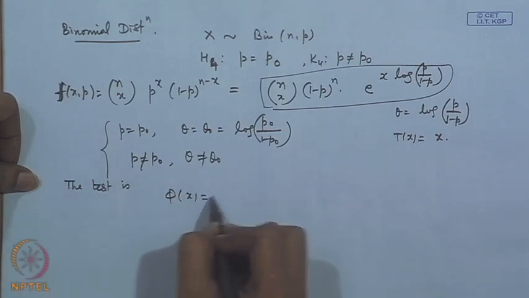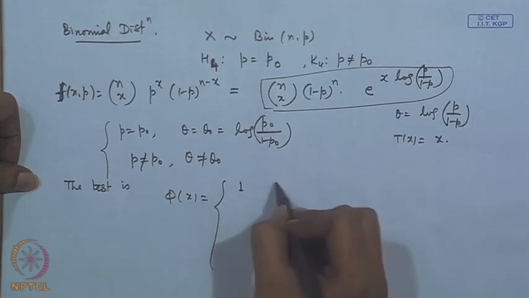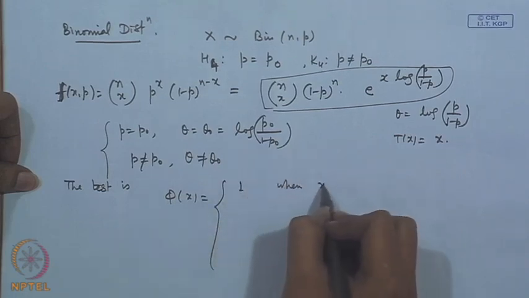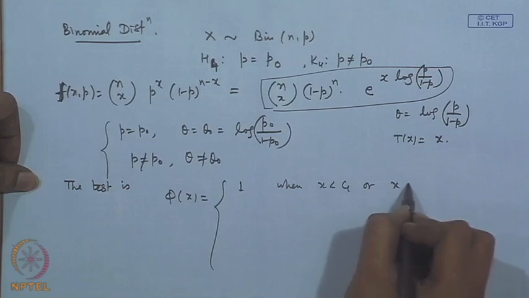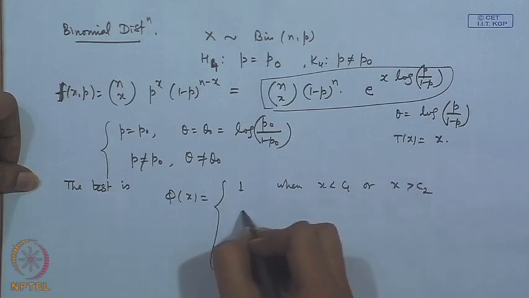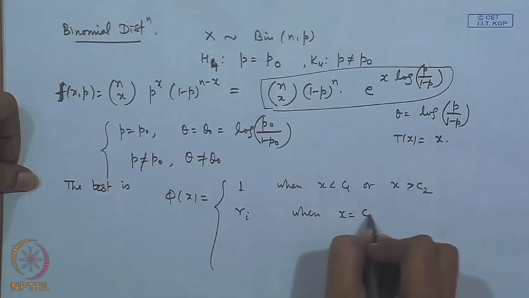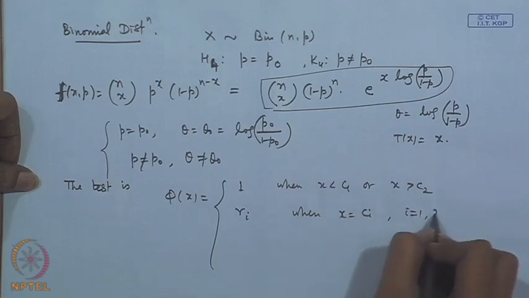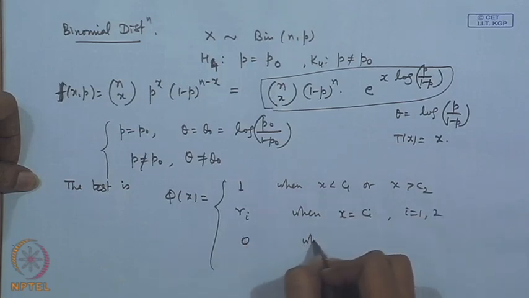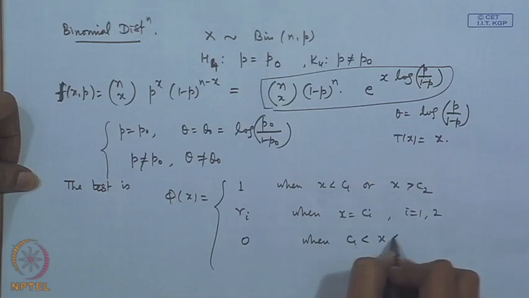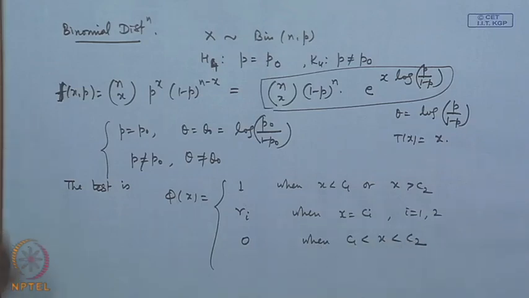phi(x) is equal to 1 when x is less than c 1 or x is greater than c 2. It is equal to gamma i when x is equal to c i for i is equal to 1, 2. It is equal to 0 when c 1 is less than x is less than c 2.